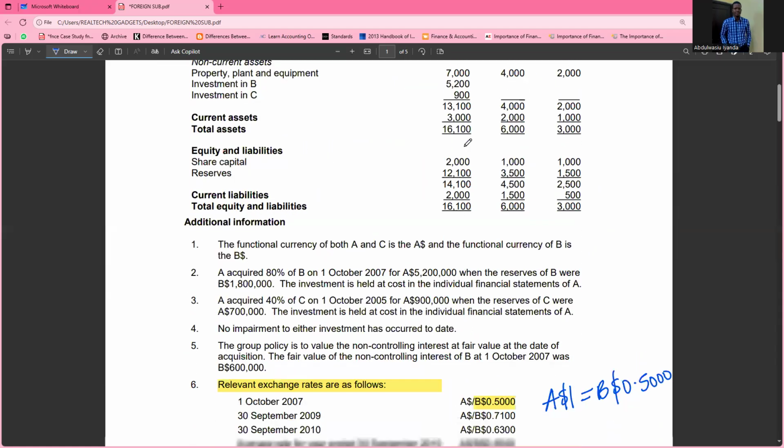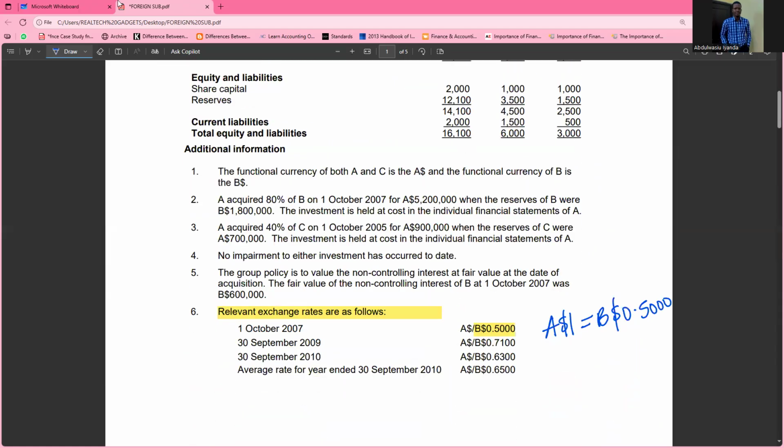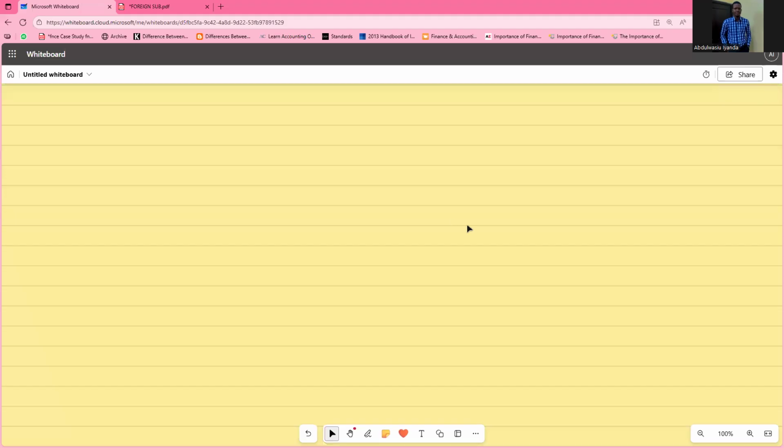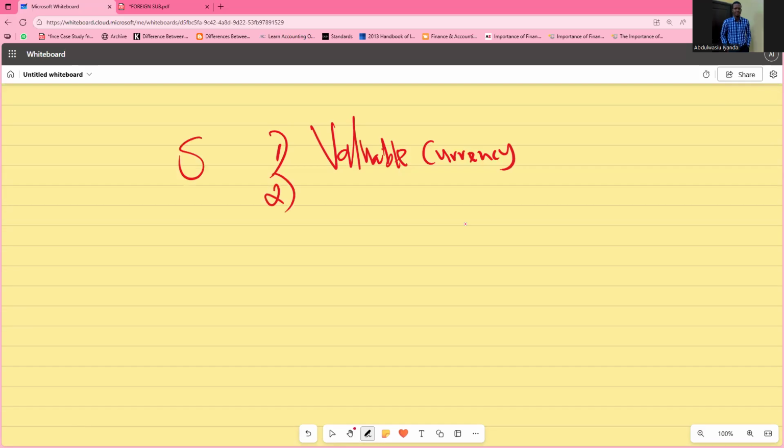So that is that. Don't forget, the first thing you need to determine is the most valuable currency. This is your step one.